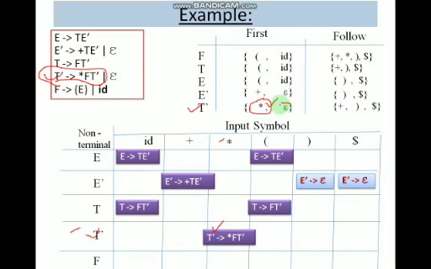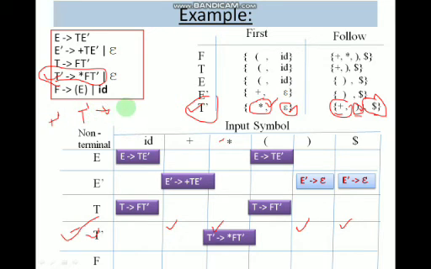Now for epsilon we will make entries for these terminals in the row corresponding to T dash. Where is T dash? This. And where is plus? At this location, and this is the closing parenthesis at this location, and this is dollar at this location. We need to fill the entry T dash produces epsilon.